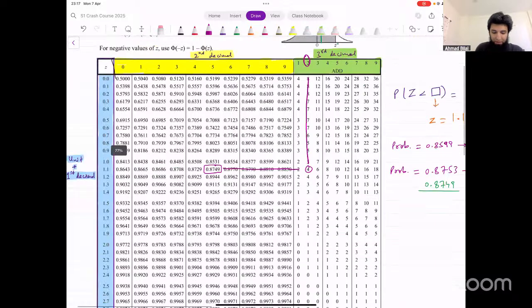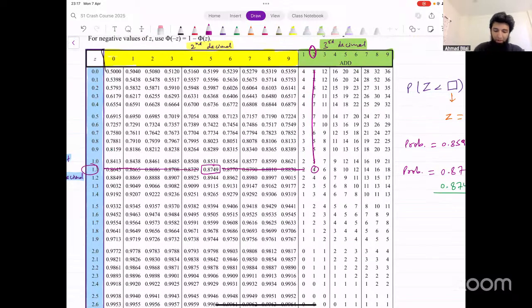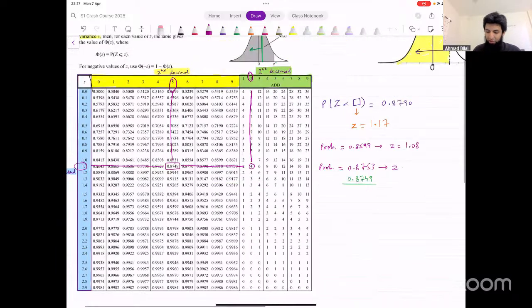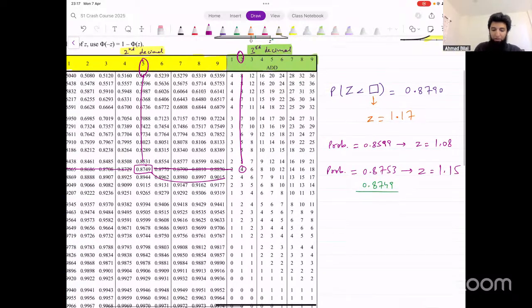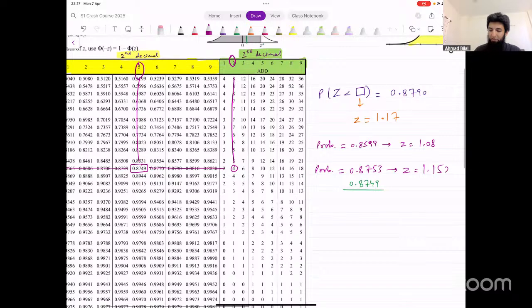This is the first decimal, right? 1.1. And this is the second, which is 5. So Z value is 1.1, and then the second decimal is 5. And then we also have a third decimal because we have to add 4 more to get to that value. So the third decimal value has to be 2. So it becomes 1.152.